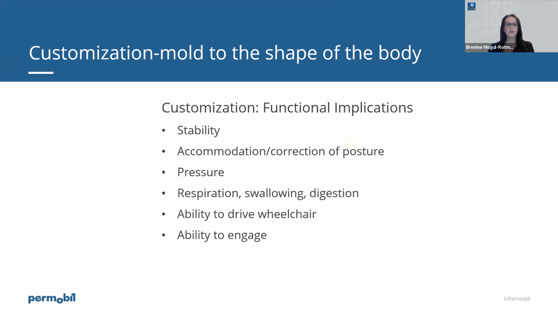And functionally, customization provides an opportunity to enhance stability, posture, and positioning, perhaps pressure management, body functioning, and functional activities during their daily tasks. So you really do need to look at, can we do the off the shelf with some adjustability, or do we just not have enough and we need to go custom?